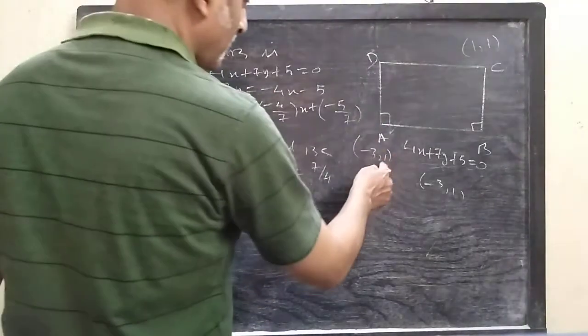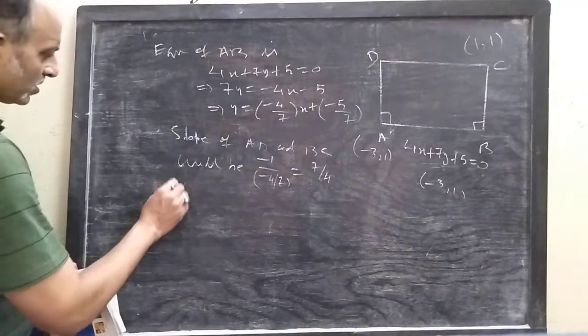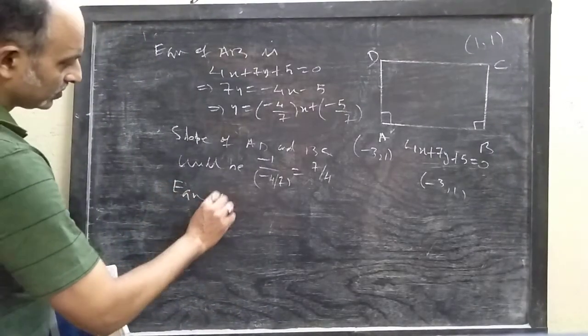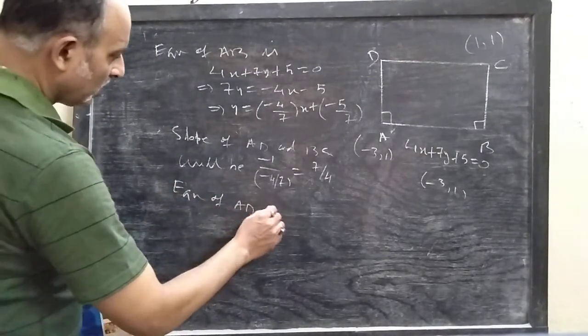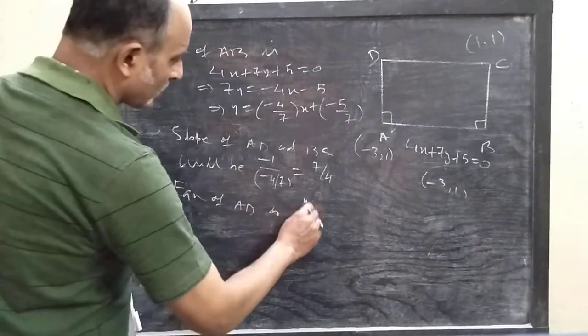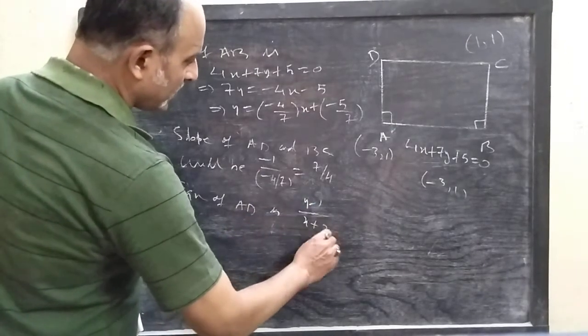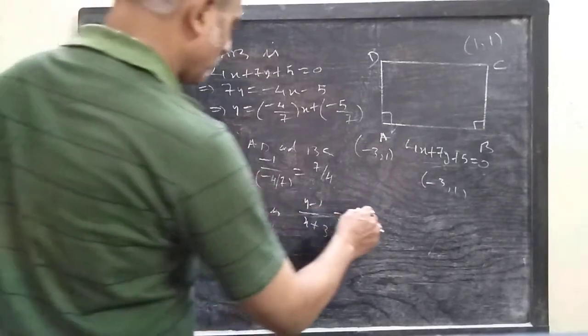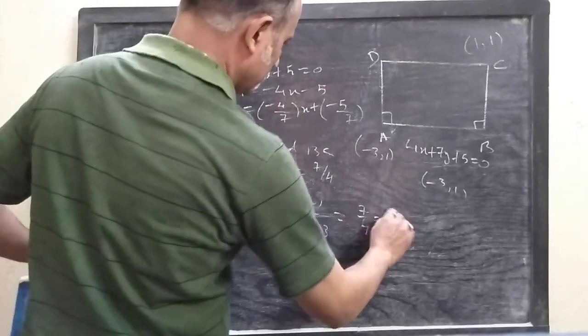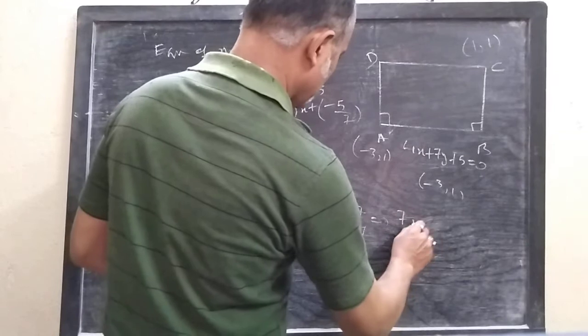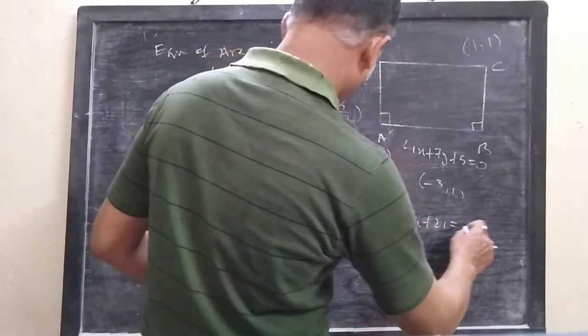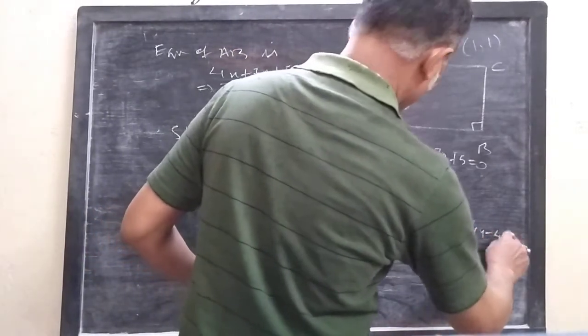Now in case of AD, it passes through A. So the equation of AD is y minus 1 by x plus 3 equals the slope, 7 by 4. So just simplify it. 7x plus 21 equals 4y minus 4.